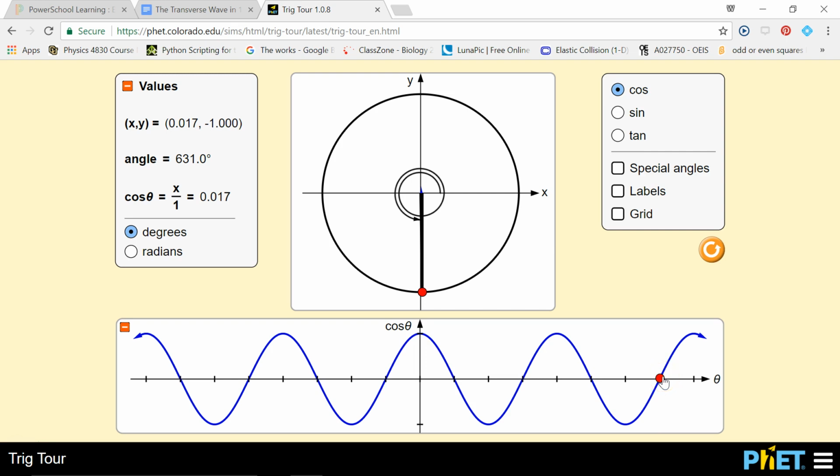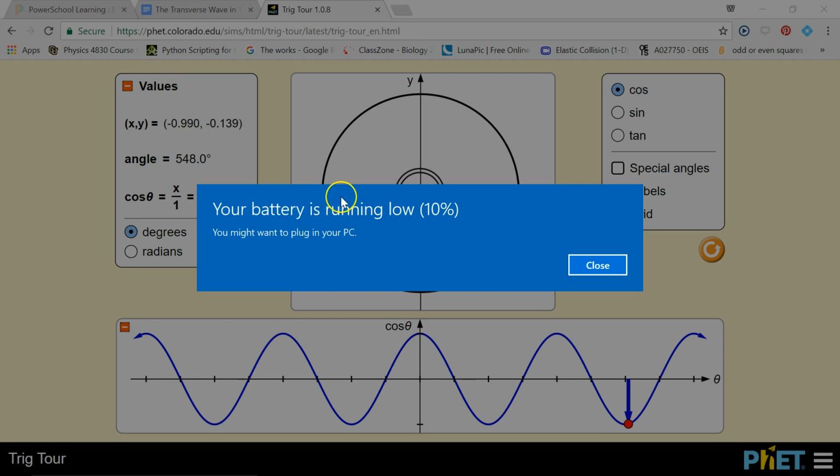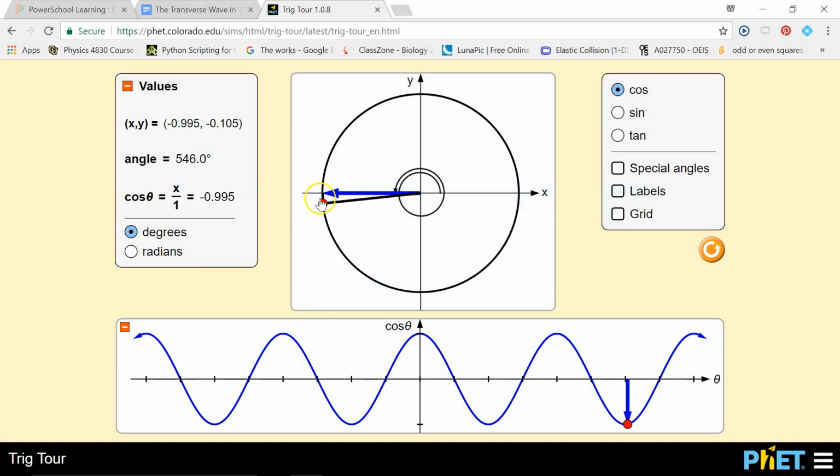If we want to know our phase, which is where we are in this wave, we can see that if this is the wave front, that is a theta of 631 degrees. And if we go here, there's our peak, there's one point, and this tells us we're at different places. So we can use this to tell us where we are in the wave.